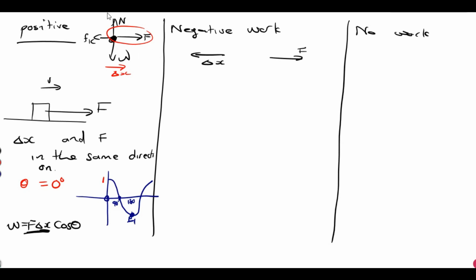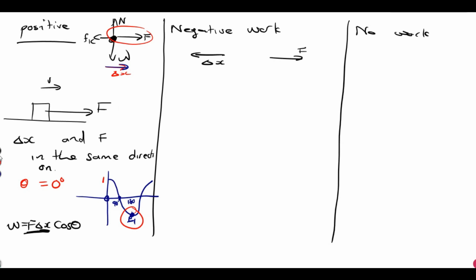If we focus on the given free body diagram, you can see that the displacement is towards the right, but the frictional force is towards the left. So it's like it's working against the system. It's slowing the system down, right? You know, frictional force is always slowing objects down. So the frictional force is the one which is doing negative work. And then what are we expecting? We are expecting a negative value there.